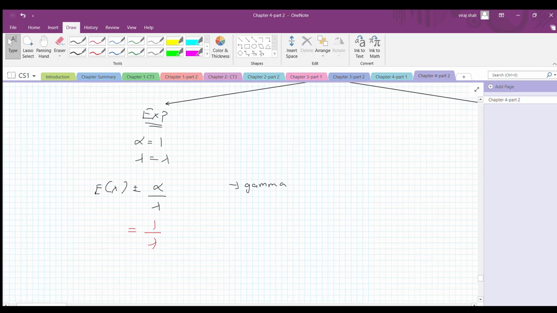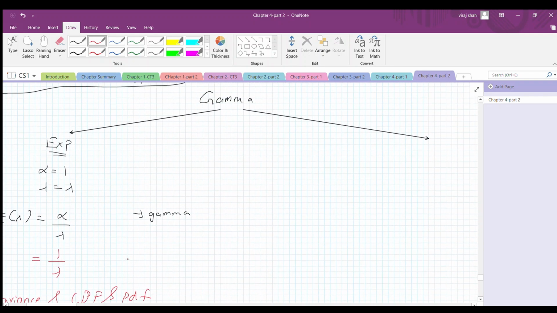Even you could prove for variance and even for my CDF, even for my PDF, anything. You could prove this by substituting alpha as 1 and lambda as lambda. You will exactly get the same PDF of exponential, CDF of exponential and variance of exponential. So yeah. Okay.